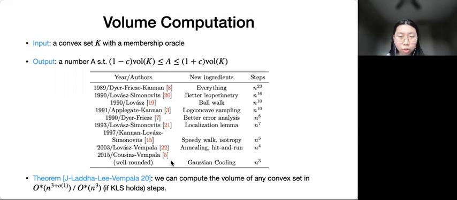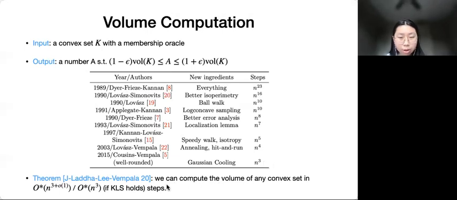The last one only works in a special case when the convex set K is well-rounded. That means K contains the unit ball and it's almost contained in a ball of radius square root n. And in this special case, we get the complexity n-cube. We'll come back to this result later.